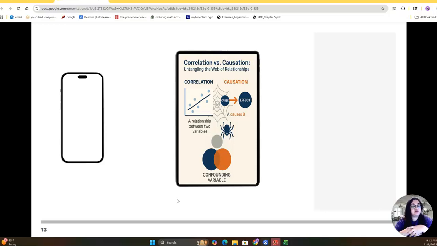A correlation can just mean that something happened. So for example, there are more car accidents outside because it's raining. We can find a relationship between the weather and car accidents, but we cannot say that 100% of car accidents are caused because it's raining.